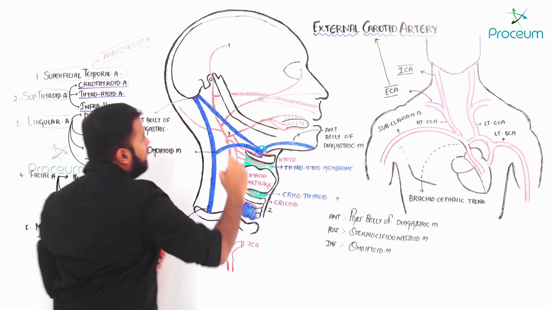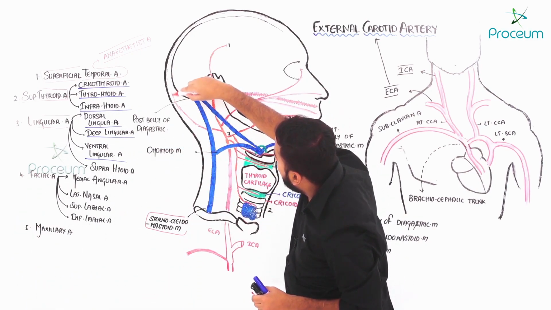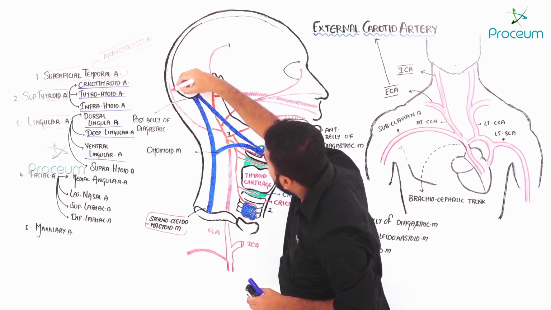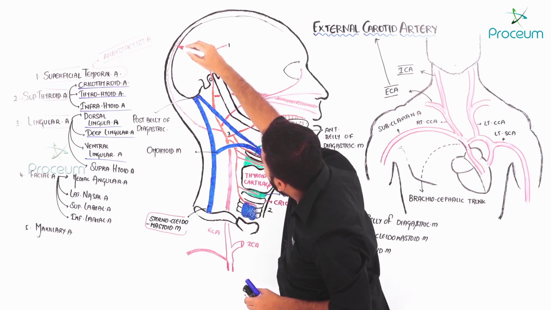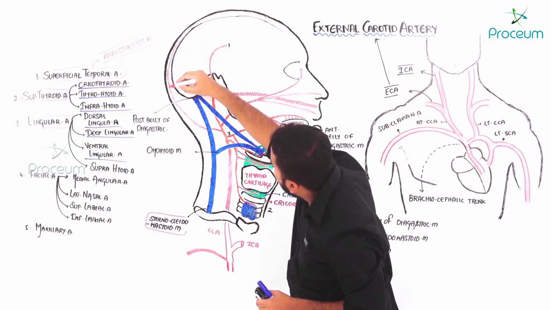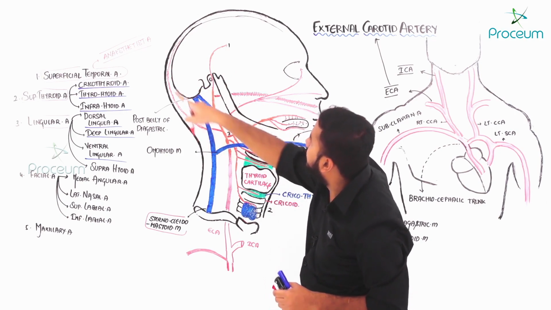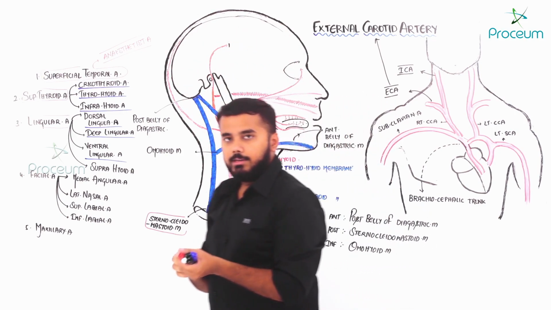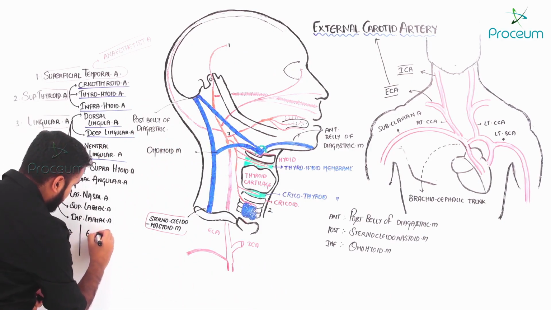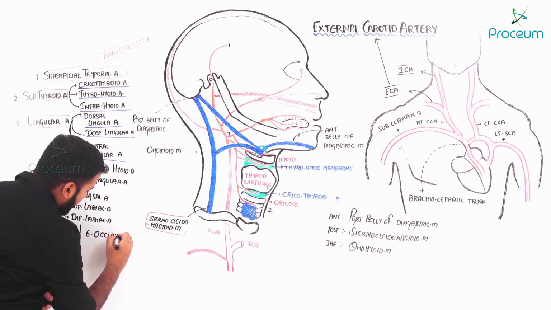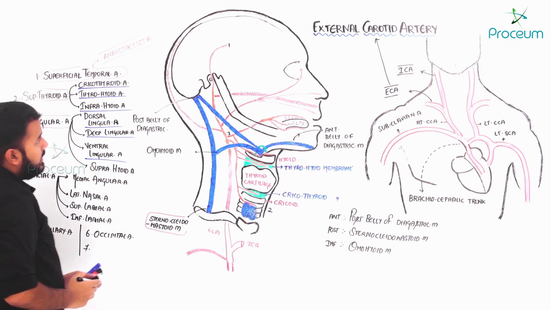It passes above like this, and it supplies your occipital region completely. So this is called the occipital artery because it is supplying your occipital region. Artery number 6 is called the occipital artery.